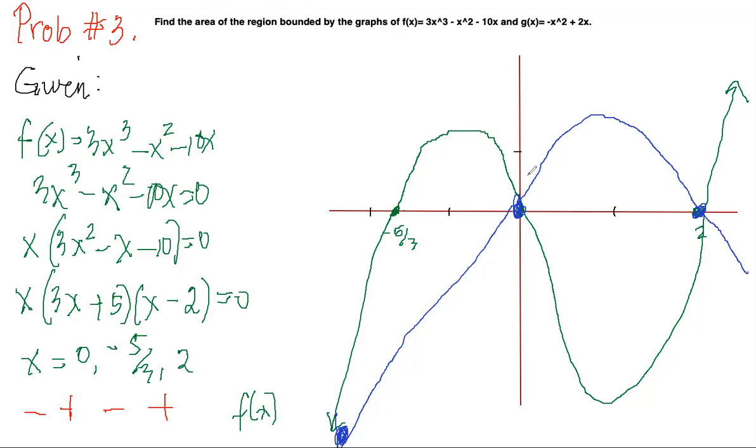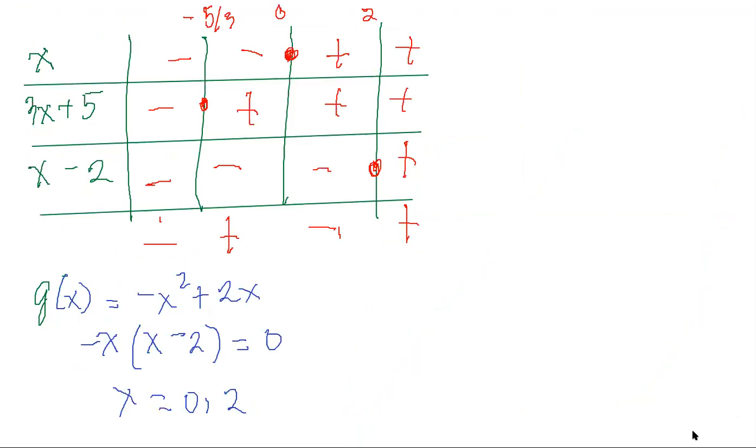Now let's determine the points of intersection of the two functions. Let's see if these are really the 2, 0, and the point here.